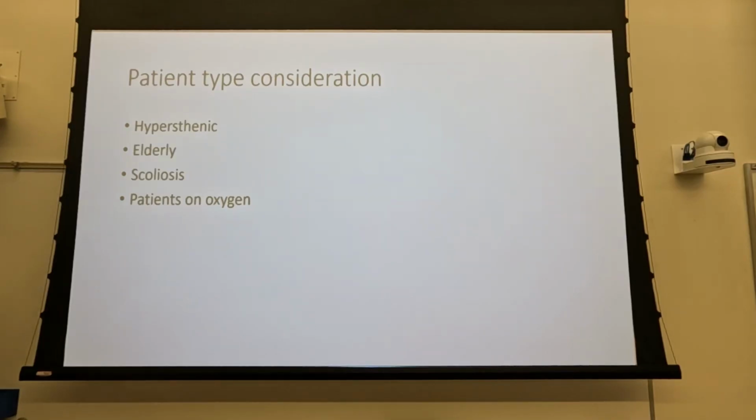Scoliosis: if you've got a patient with obvious scoliosis, make sure you've got light field on both sides of the body on the image receptor. That's going to give you probably more image receptor direct exposure than you would be comfortable with. And then, patients on oxygen, make sure you get the oxygen tube out of the way. Don't stand them up if they seem unstable, if they're on oxygen and they just seem weak, just don't stand them up.